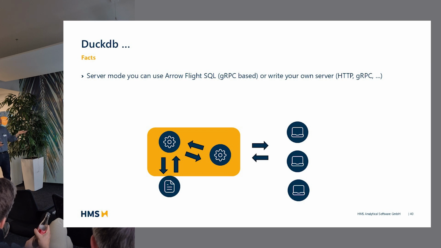You can use, for example, Arrow Flight SQL, a special protocol offered by the Arrow library, or you can write your own HTTP or gRPC, whatever your preferred framework is, to write a client-server application.